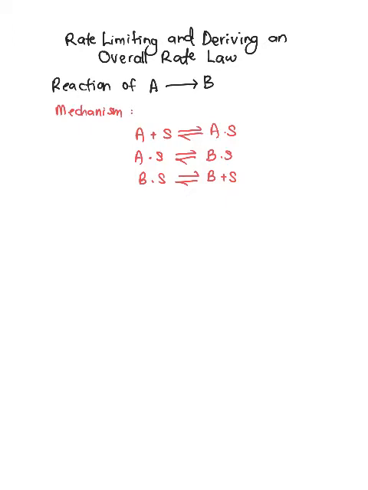Based on the mechanism of reaction here, for one reactant to produce one product, the first step of reaction is the adsorption step. So the adsorption of A attached to active site S will produce A dot S. And then the second step, A dot S will react to produce B dot S. B is the product, based on the rate equation given, which is A to produce B. So the second step is surface reaction.